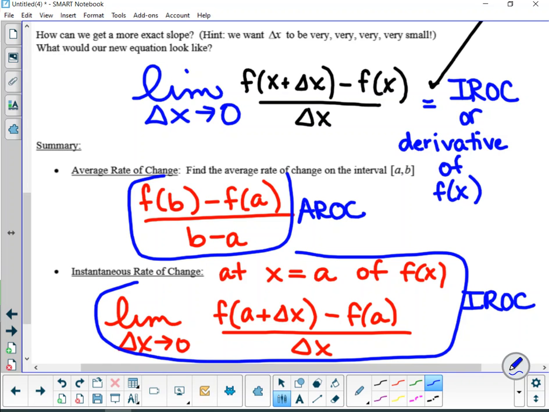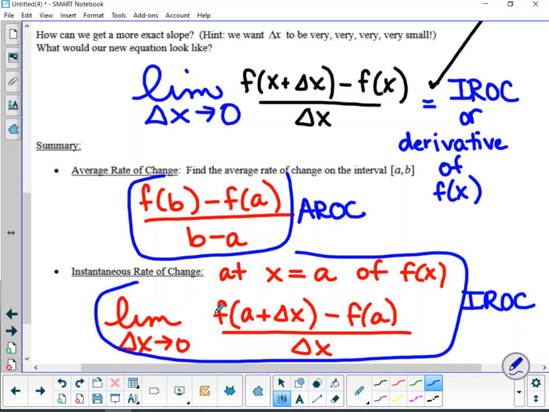Now, you don't ever have to explain to me where this came from, but you have to know it and be able to use it. So you have to know that the instantaneous rate of change, or the derivative of f of x at x of a, can be measured with this function.